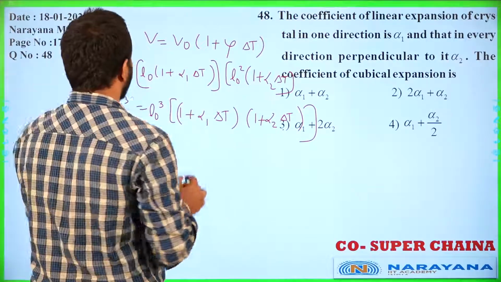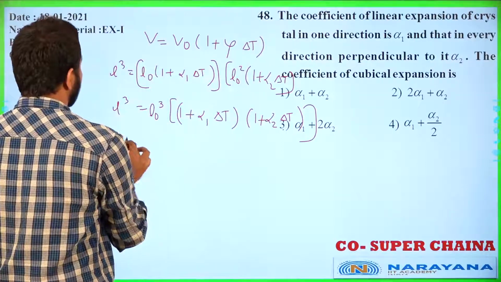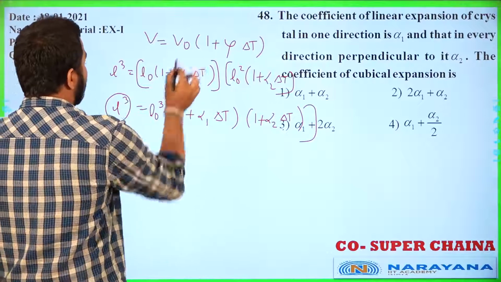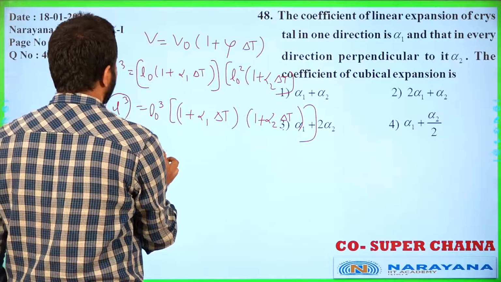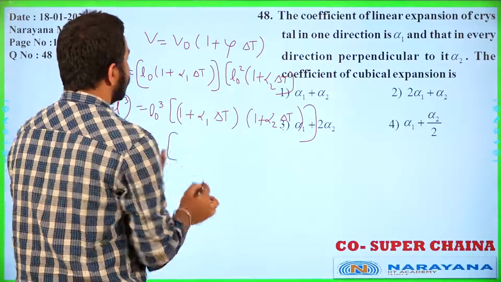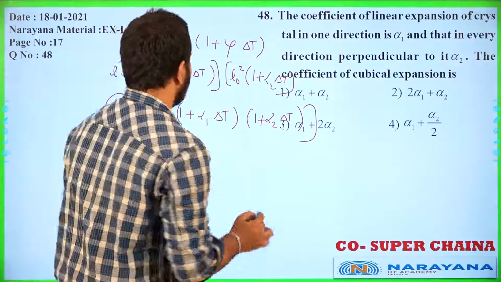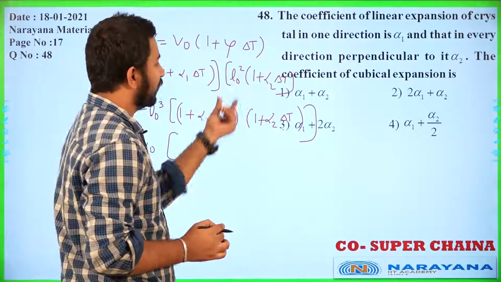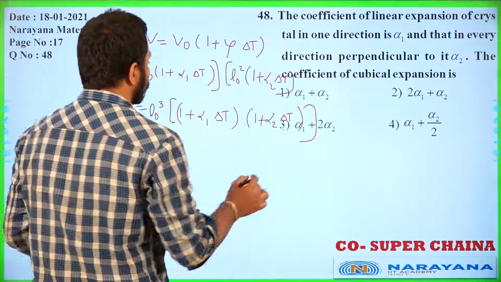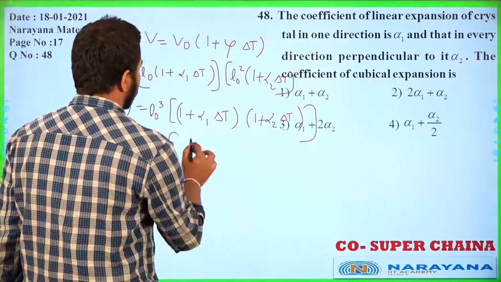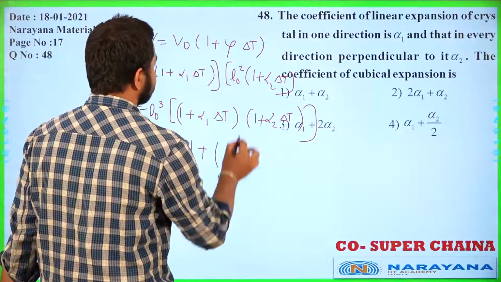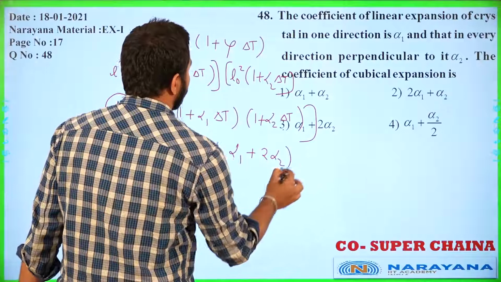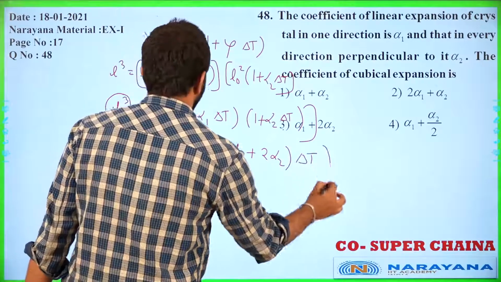L cube is nothing but V, and L naught cube is nothing but V naught. Now we will simplify this and take it in the form of 1 plus gamma delta t. From there we can conclude the value of gamma. So if you simplify this, student, we will get 1 plus (alpha 1 plus 2 alpha 2) delta t. This is my required value here.